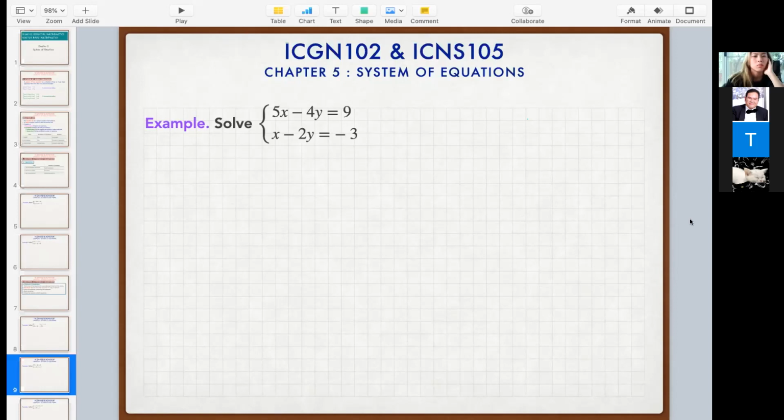So when we have this system of equations, the thing that I do first is that I see which one I would like to substitute. So in this one I will try to find x in terms of y.